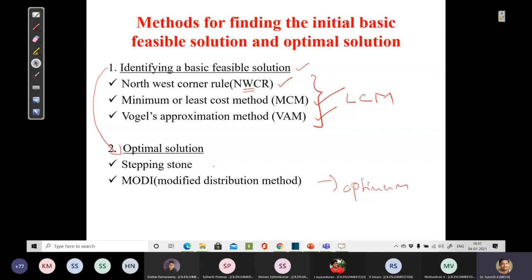We will find the initial solution by using these three methods, and then we will apply the modified distribution method to check whether your solution is optimal or not. And then we will modify the problems, that is, how a maximization problem can be converted into minimization, or if your objective is of a maximization type, whether it is possible to solve by using transportation problems, etc. We will see in the coming classes.